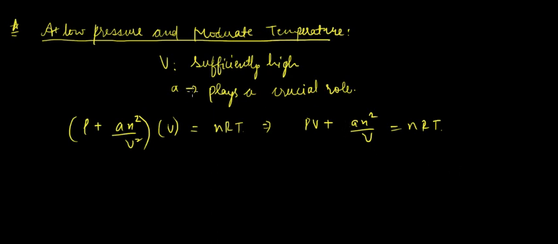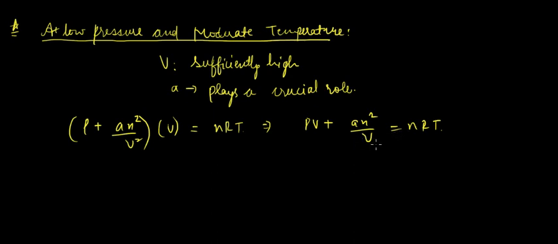So we said that A plays a crucial role. If A is very small, then it will behave as ideal gas. But if A is sufficiently high enough, then obviously this would behave as a real gas.